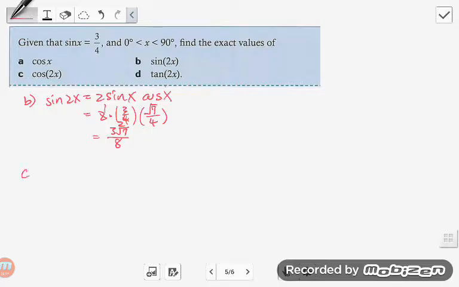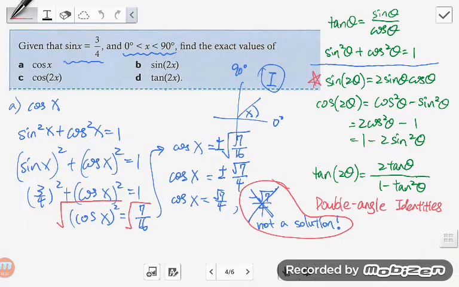Now let's see part C. They want us to find cosine 2x. So let's refer back to our formulas. Cosine 2x is here. This is my part C. Let me change that, the star should be part B. Part C: for cosine of 2 theta, we have a bunch of choices. I will use the first one, cosine squared theta minus sine squared theta.